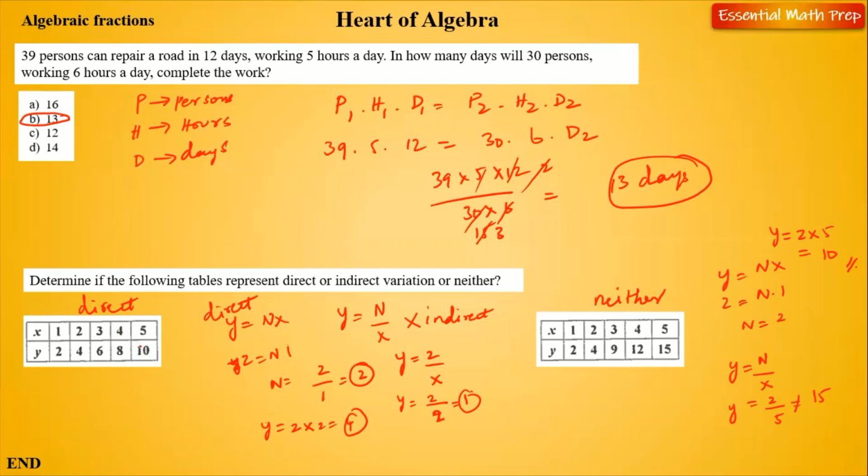We were able to reproduce the y value. Say I had picked 5. I got my y value back. Whereas here, whether I applied it in the direct variation or indirect variation, I am not getting my y value back, right? So that means it is neither. So this one is direct, this one's neither.